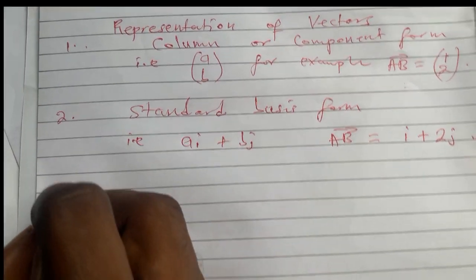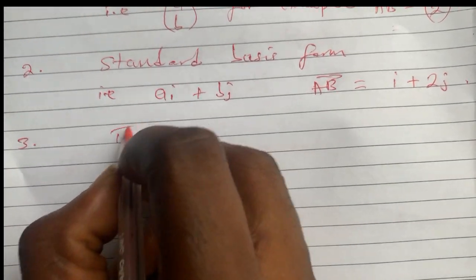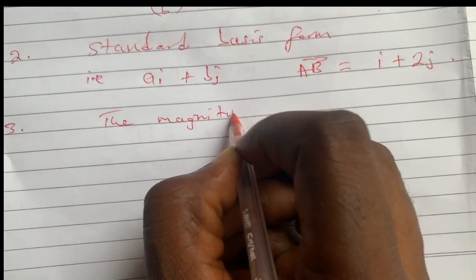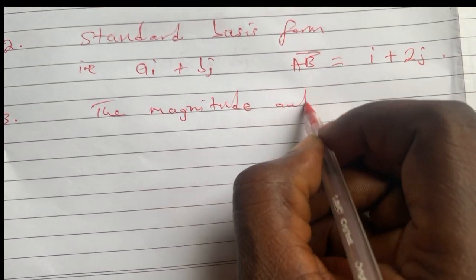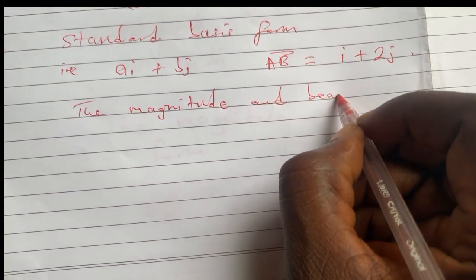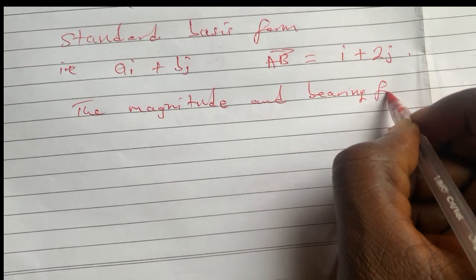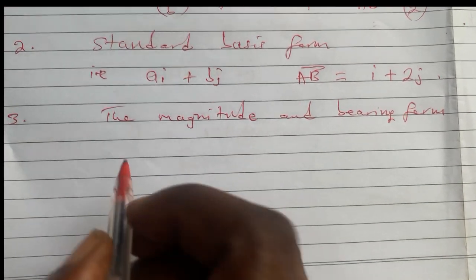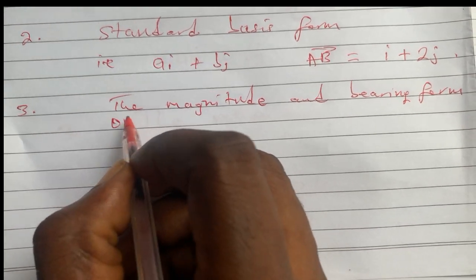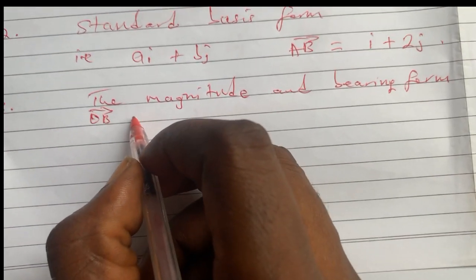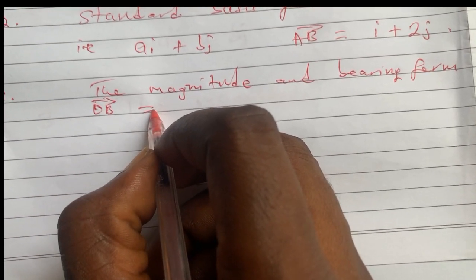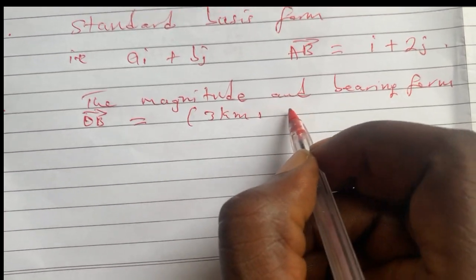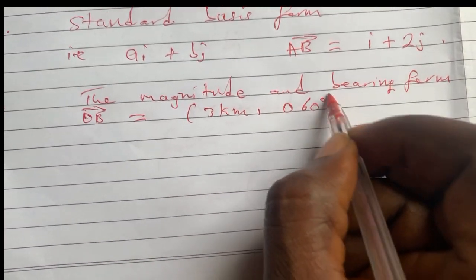We also have another one, which is the magnitude and bearing form. An example of that could be if we have a vector OB equal to 3 kilometers and then 0 degrees.